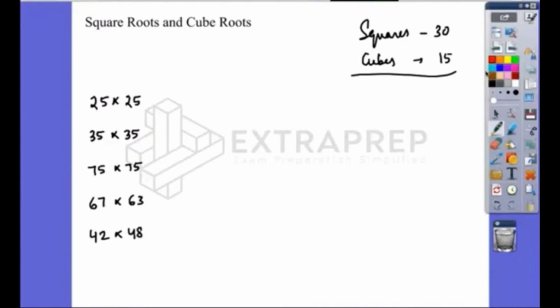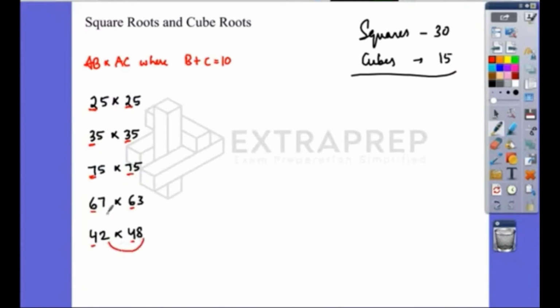What is common to these questions is they are in the form of AB into AC, where B plus C is equal to 10. See, the same tens digit everywhere, the same tens digit.